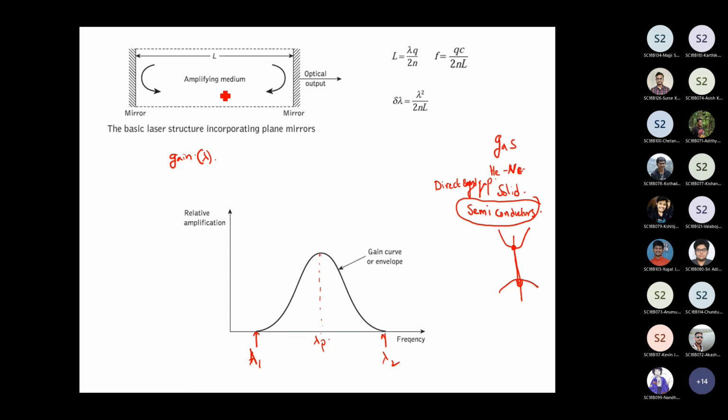Now, what about the resonance circuit? Let's say these two mirrors are separated by a certain distance called L, the spacing between these two parallel mirrors, and this is a resonance circuit. So what is the meaning of resonance circuit?